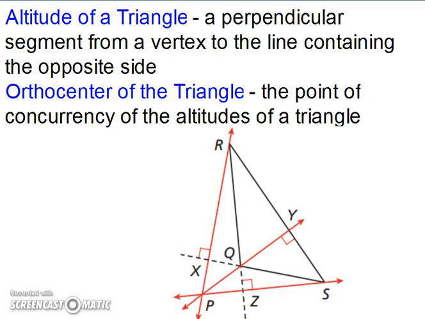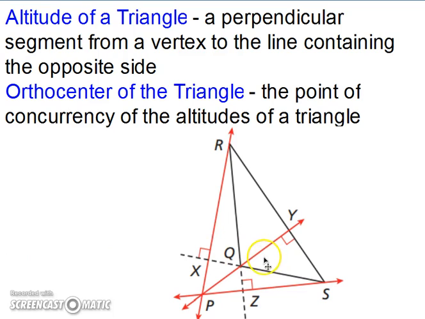The altitude of a triangle is a perpendicular segment from a vertex to the line containing the opposite side. Think of it like the height of a triangle, but going from every single vertex. The orthocenter of a triangle is the point of concurrency of those altitudes of a triangle.